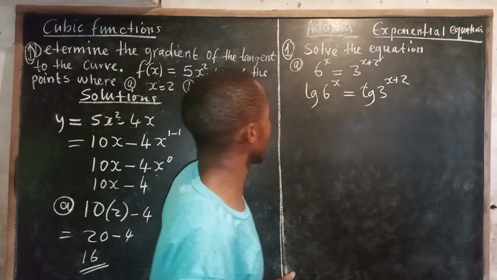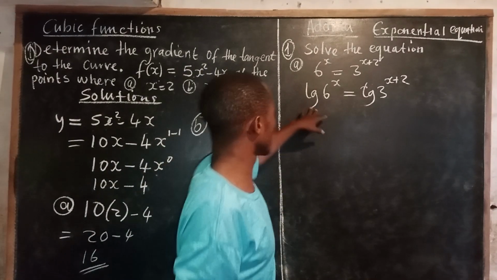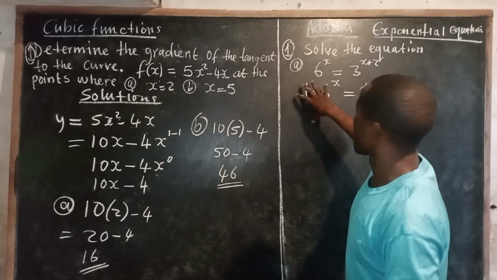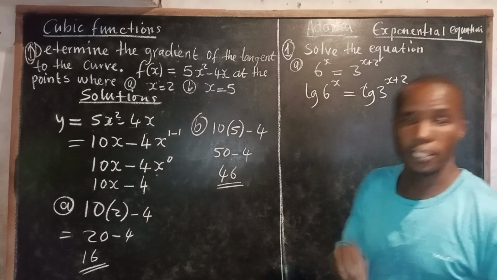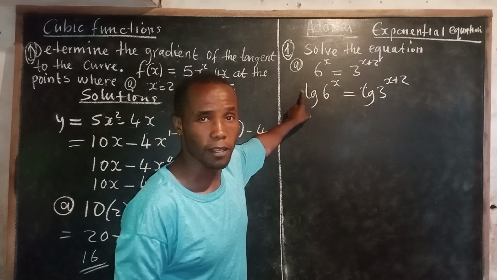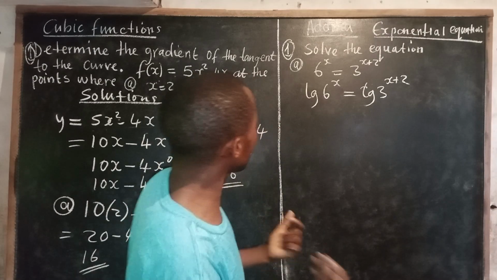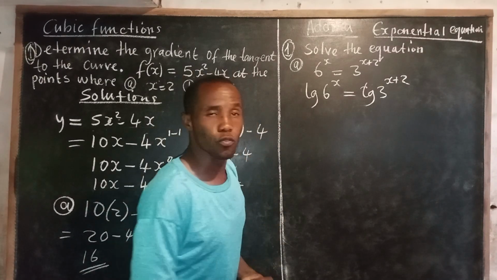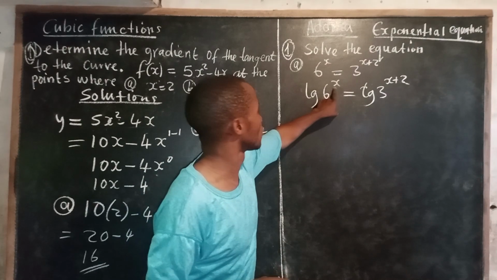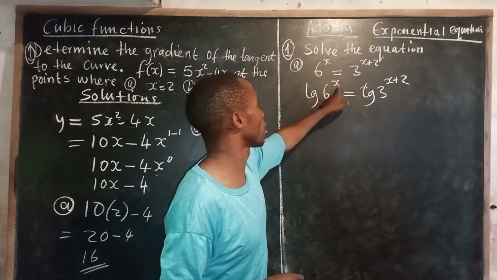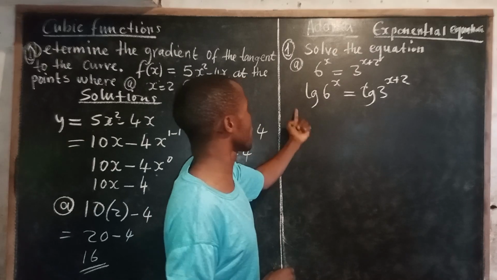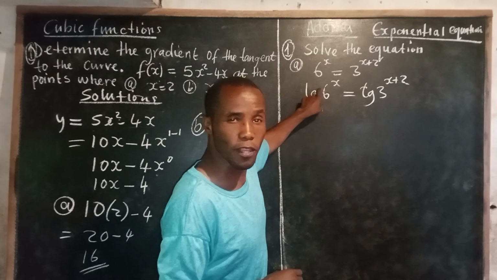Having done that, remember, when you write lg in logarithms, that simply means that the log is in base 10. After that, you follow the rules of logarithms, where you bring the power to the front and multiply it with the coefficient of the log.